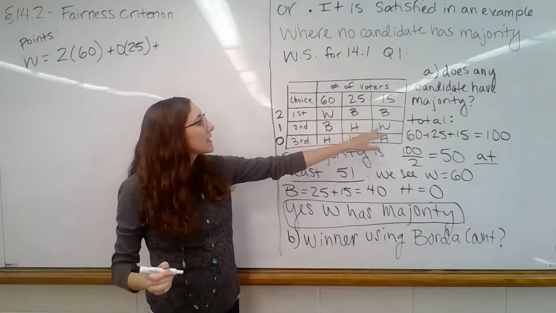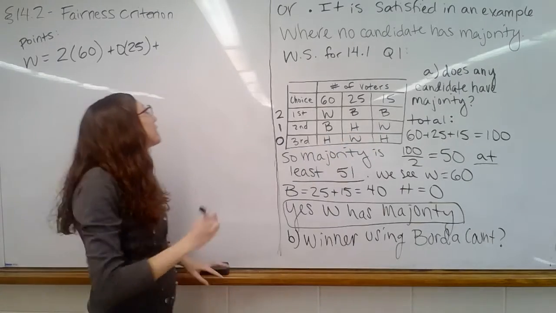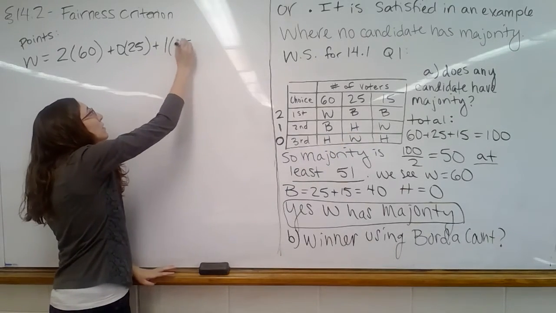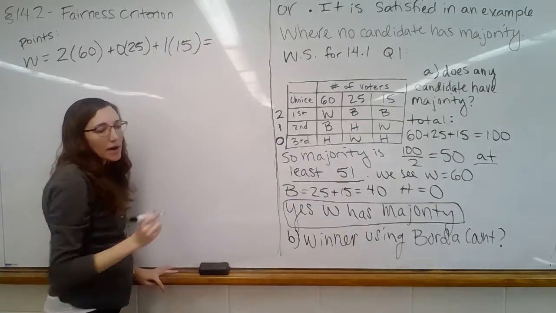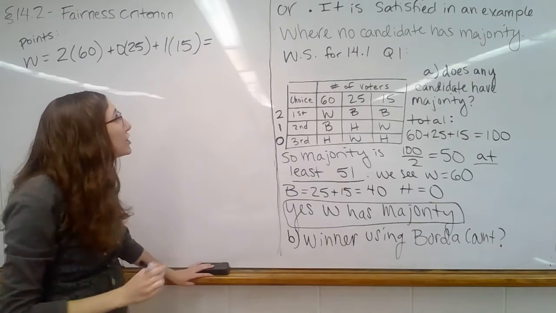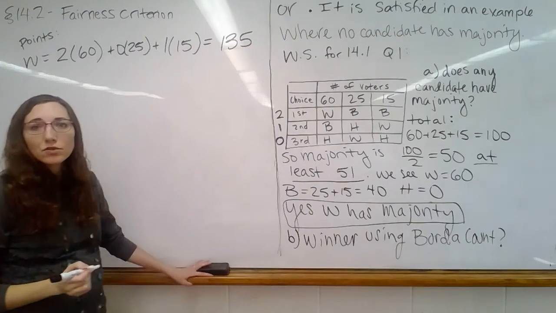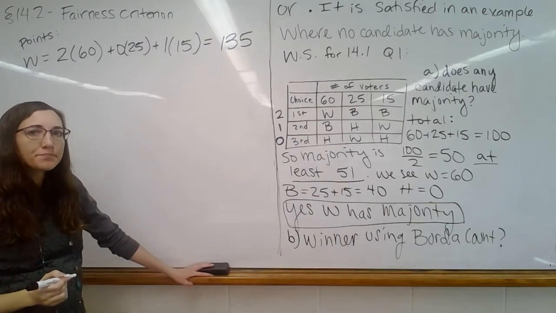And then in the next column, it's in second place, which is worth 1 point for 15 votes. And I already did that in a calculator, but if you do, you get 135. So you're just typing in those multiplications and then adding them up.